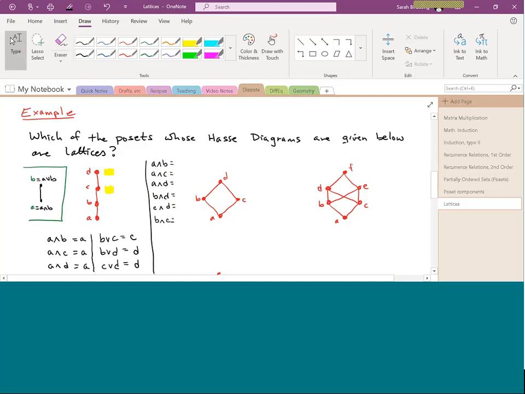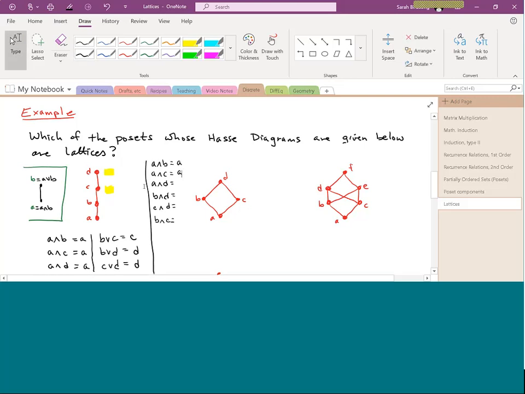So if we're looking at the meet, we'll look at the bottom one, and that would simply be A. Using that same logic, anybody have a guess who the meet is between A and C? It would be A in this case.